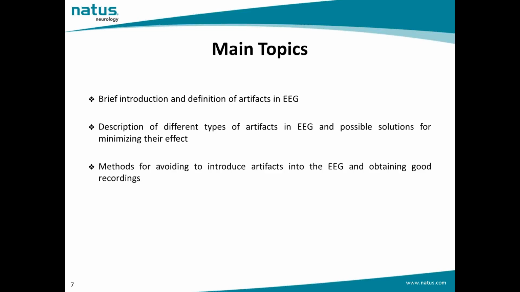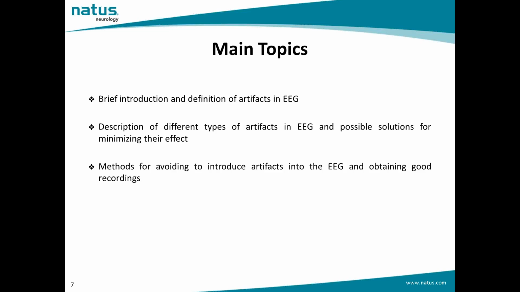The purpose of this webinar today is to discuss the main sources of artifacts in EEG in order to provide you the basic information and the knowledge for identifying the main artifacts in the EEG recordings, or simply for letting you know the artifacts can occur in different ways and arise from several sources, and so you will be able to take into consideration specific precautions in order to avoid the possible artifacts contaminating the EEG.